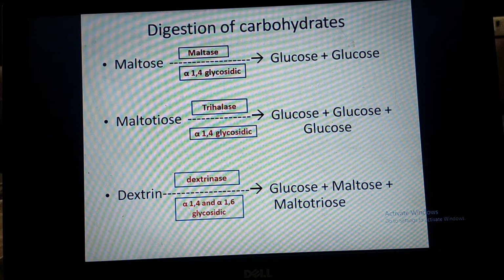Trehalase acts on maltotriose and converts it into glucose molecule, whereas dextrinase acts on dextrin, which breaks both alpha-1,4 as well as alpha-1,6 glycosidic linkage and forms products like glucose, maltose and maltotriose. So in this way, the starch is converted into glucose by the action of various enzymes that we have studied.